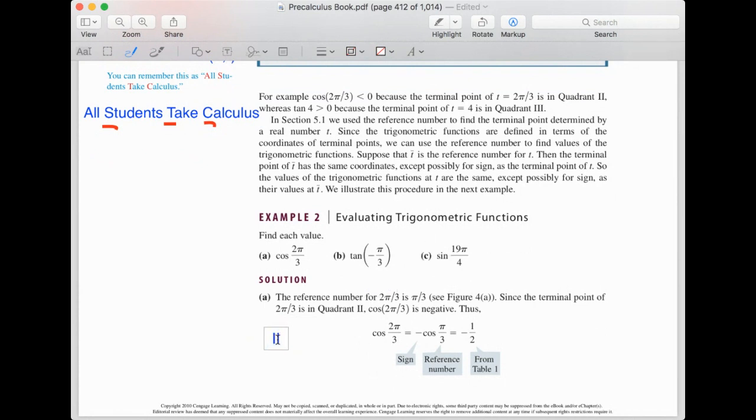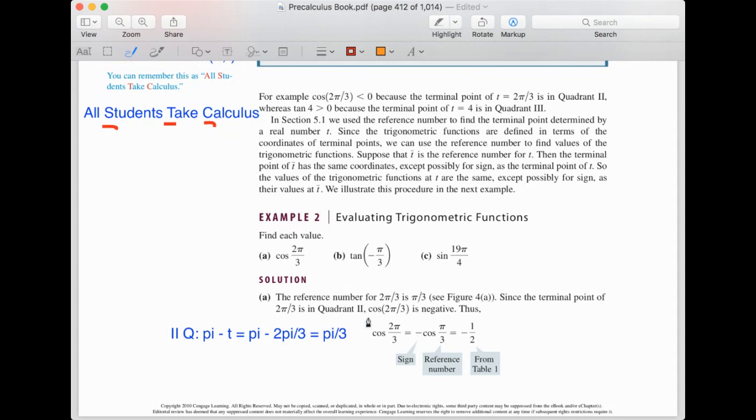In the second quadrant, we use the formula pi minus the angle, right? So pi minus, in this case, 2 pi over 3, which is pi over 3. Because 1 pi, we change to be 3 pi over 3. So 3 minus 2, that's 1. So 1 pi over 3. That's the formula for second quadrant, right?